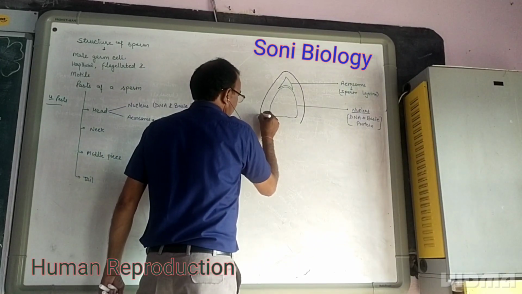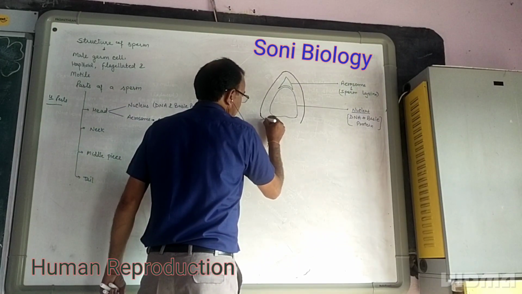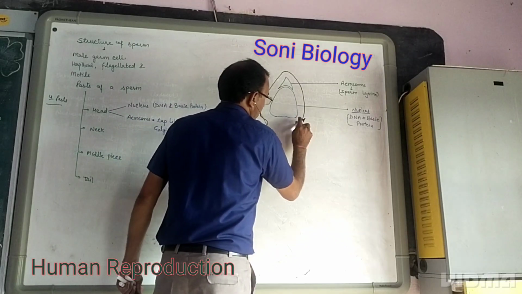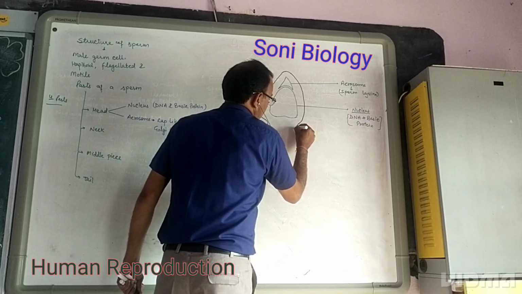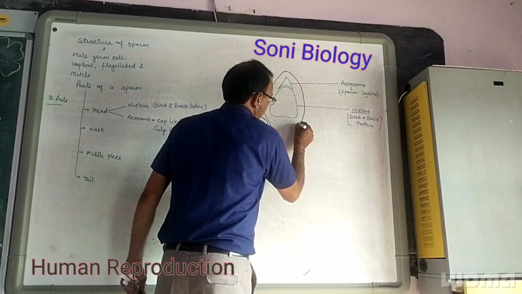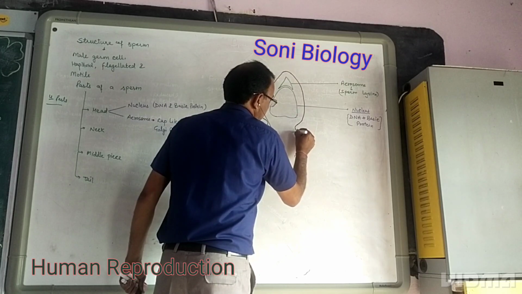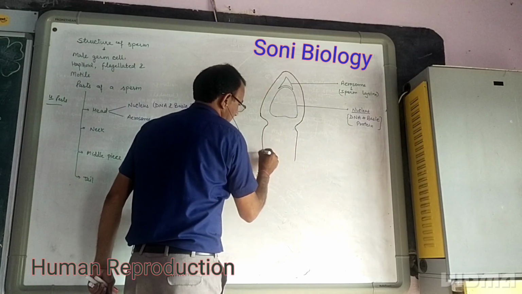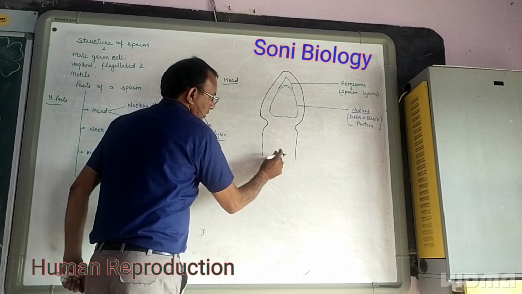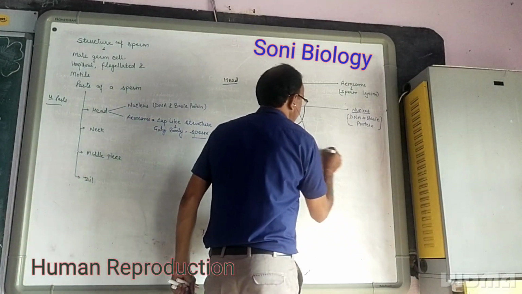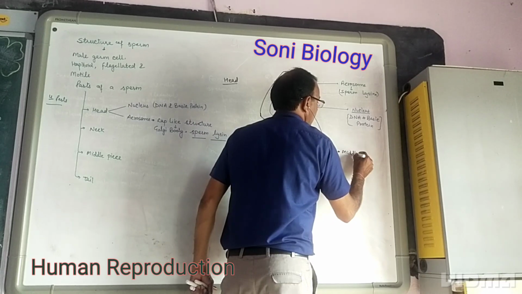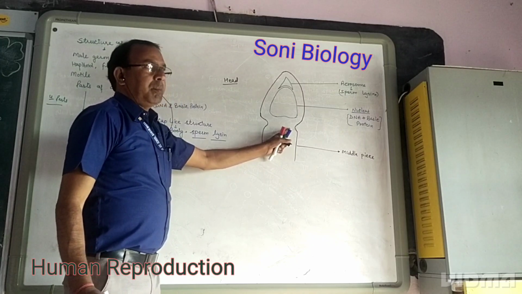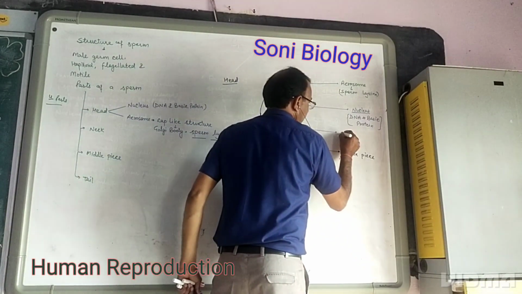At the lower base of the head, the plasma membrane shows a small depression, and again it swells up, but not equal to the head. This swollen part is called the middle piece, and the depression zone of the plasma membrane is called the neck.